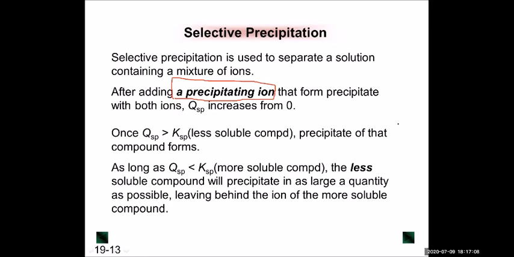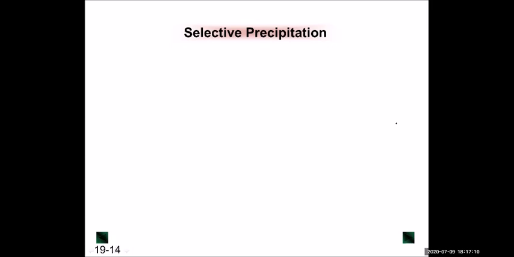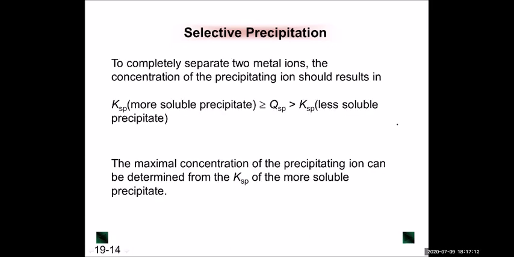Let's see an example of how we use that. That's a general guideline. Basically, we can calculate the Qsp for each different compound. The Ksp of the less soluble precipitate typically is a smaller Ksp value.